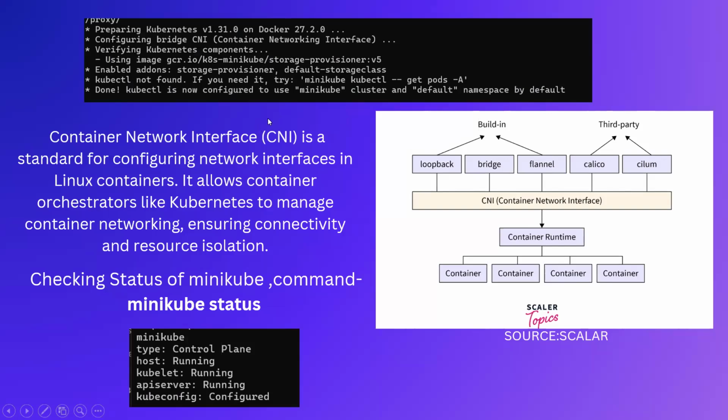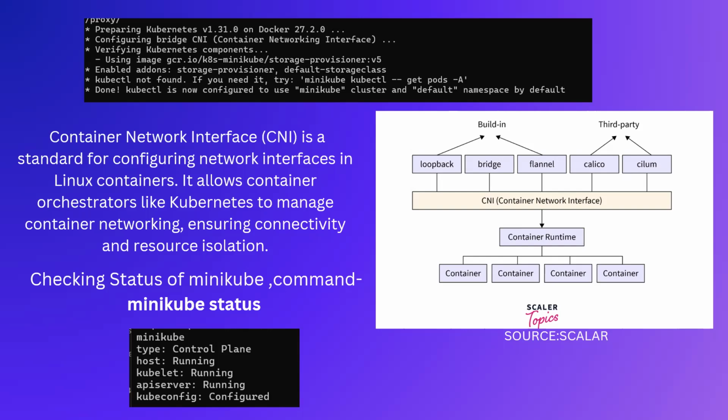So what is Container Network Interface? It is a standard for configuring network interfaces in Linux containers. It allows container orchestrators like Kubernetes to manage container networking, ensuring connectivity and resource isolation. Okay, so it is a standard that is basically used to configure Linux containers and merge with the container runtime.